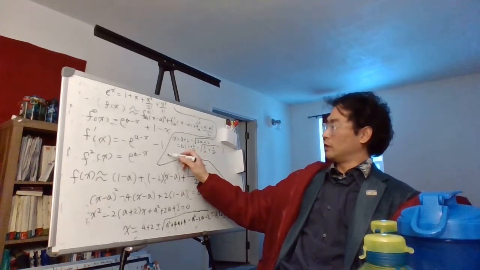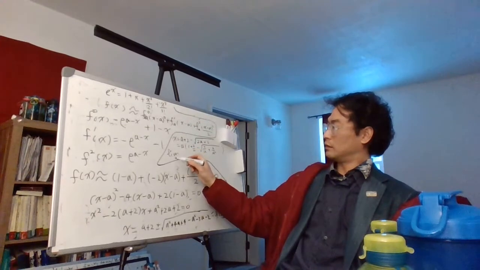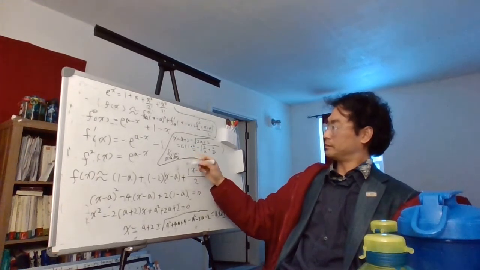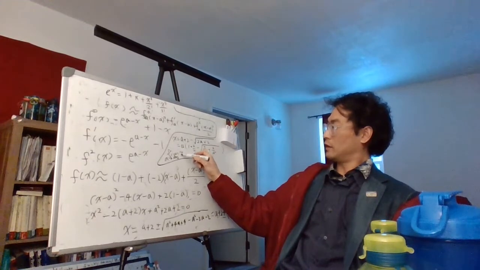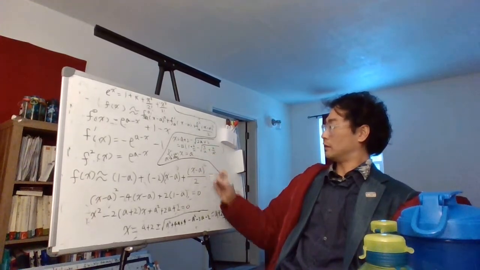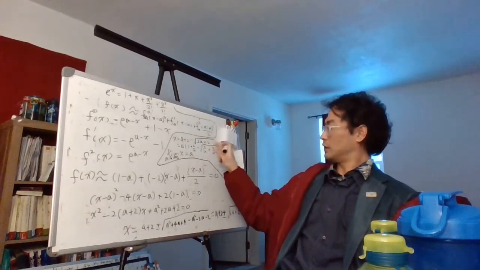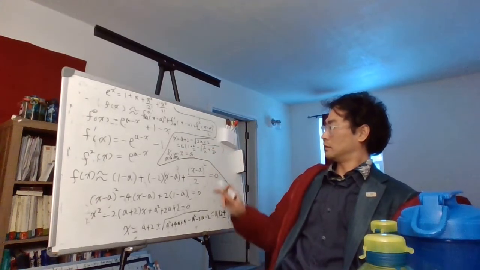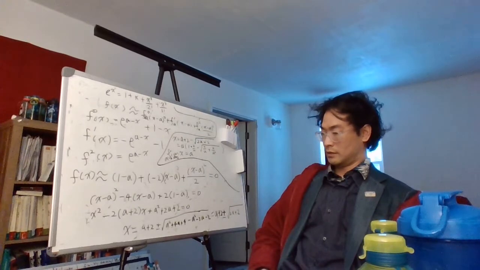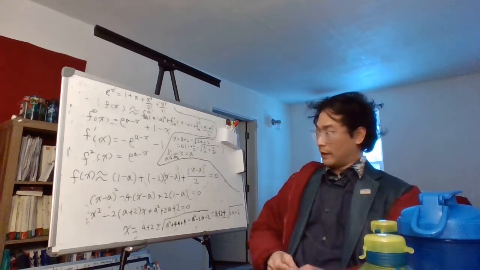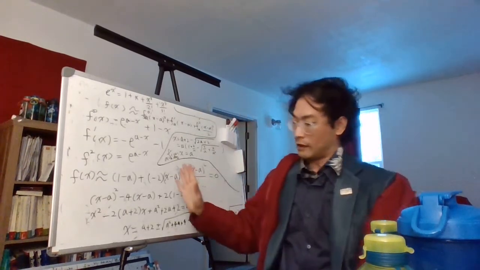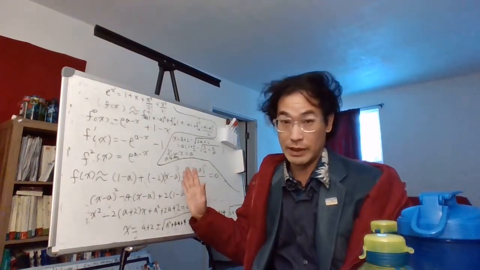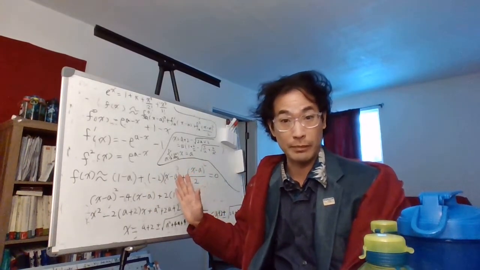As a goes to infinity, the limit of x is equal to a, because all these terms become zero, right? So actually, a is the median income, the middle income.